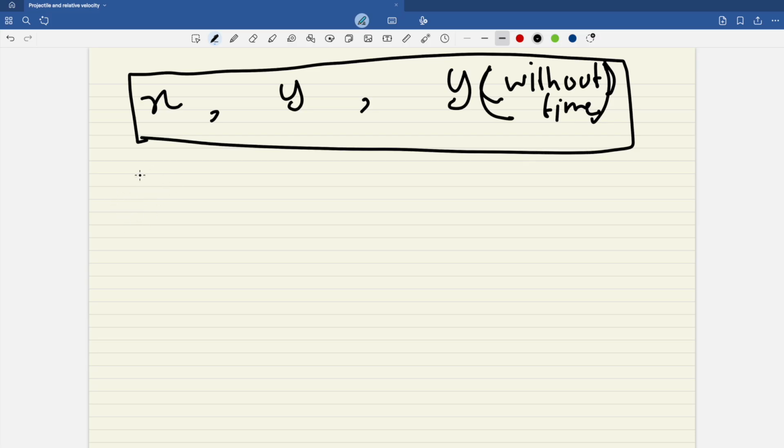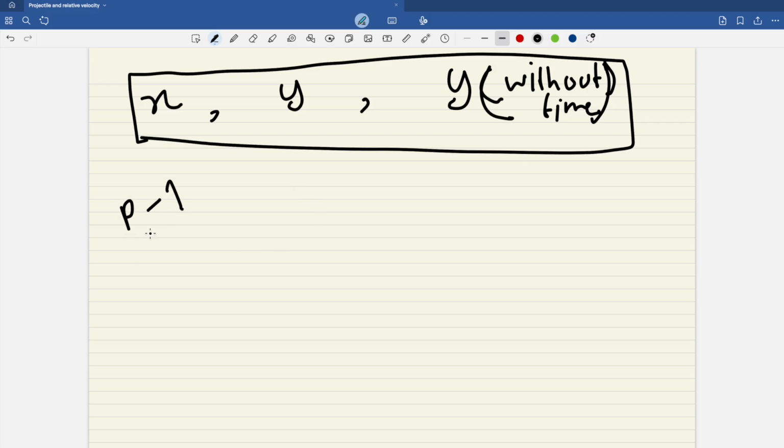So what is the necessity of this x and y, and y without time? Why do we need these x and y's? Why can't we solve any problem with what we have already?